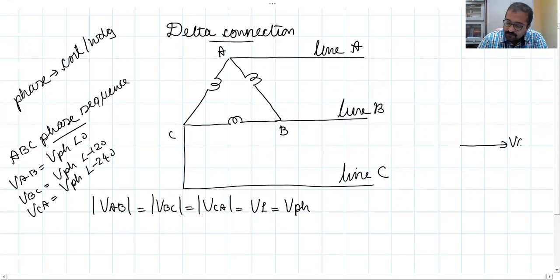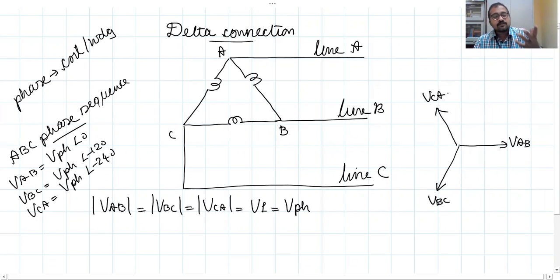This is VAB. Keep in mind, I always take VAB as reference, but that does not mean you always have to. You are at liberty to take VBC also as a reference. So if you are taking VAB as a reference, this is VAB angle 0, this is VBC at an angle of minus 120, and this must be VCA.